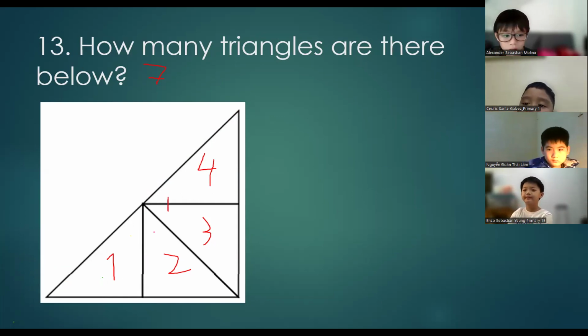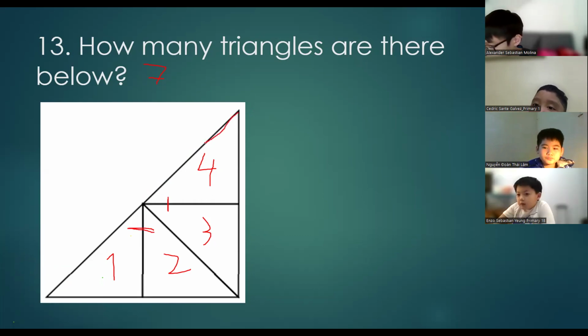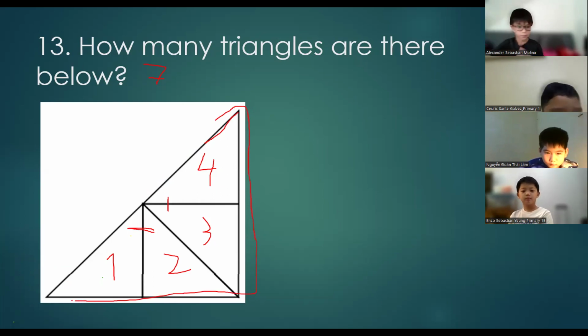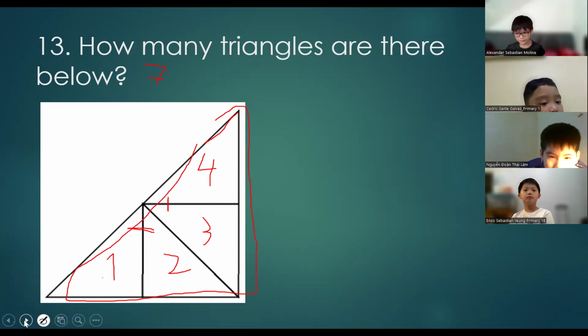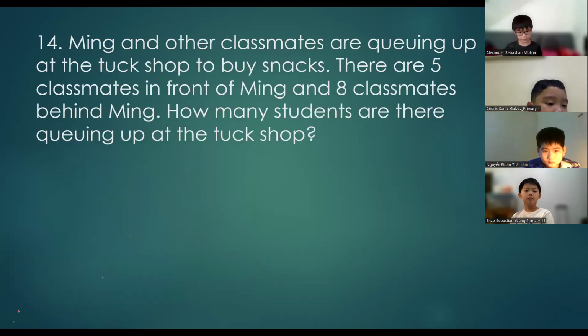And then join also this together, you have 6. And then the bigger triangle here, you have 7. Do you get this? Okay, that's just easy. How about this one?